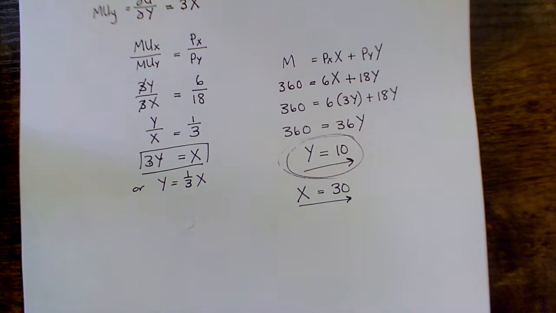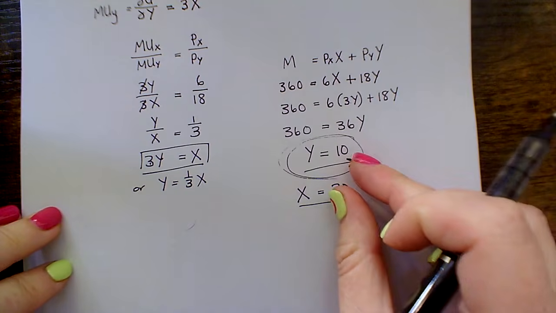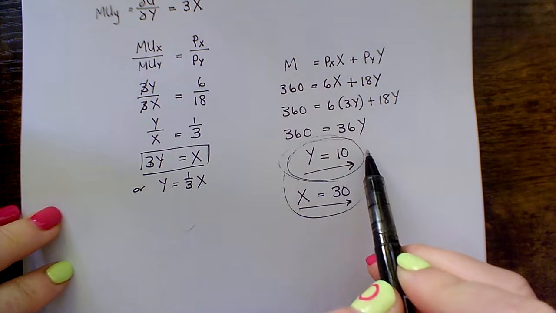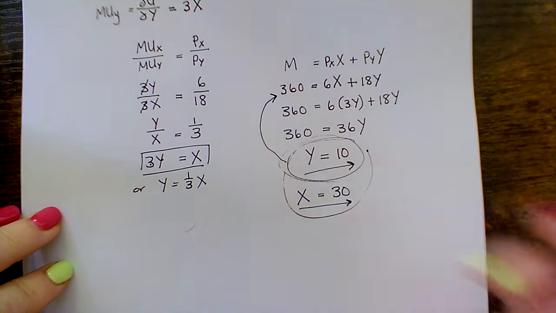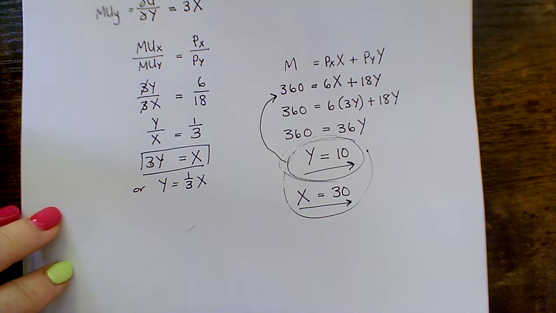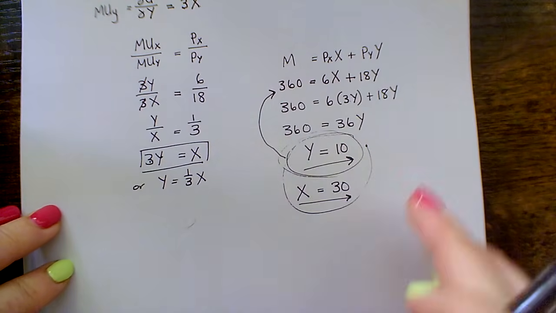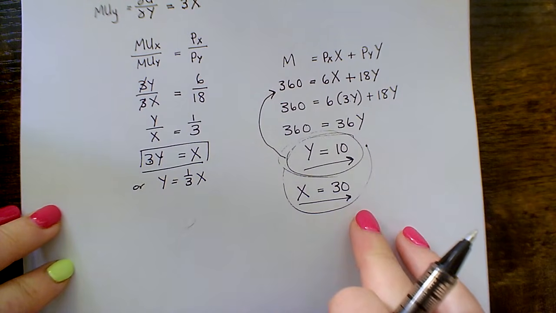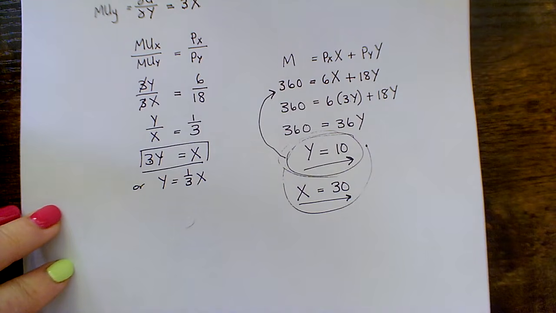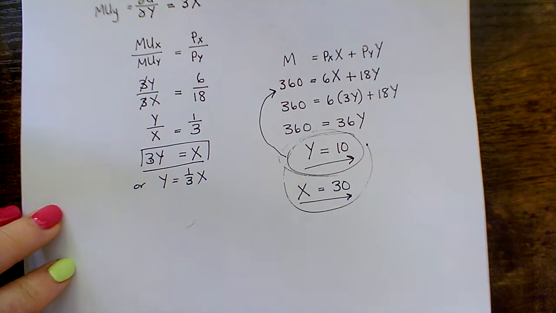Now, something that I think is just always good practice to make sure that these are correct is substitute these back into your budget constraint. Okay, so what we need to check is, is it true that these end up using all your income? Because if these values you get here end up either being below or over 360 in total spending, that would imply that you've done something wrong and then you need to go back.